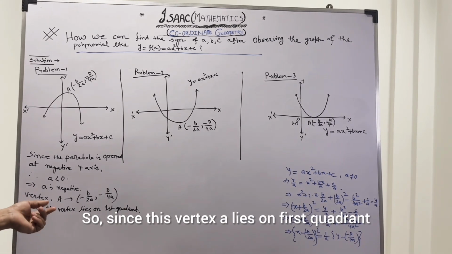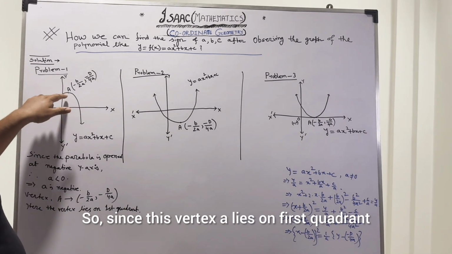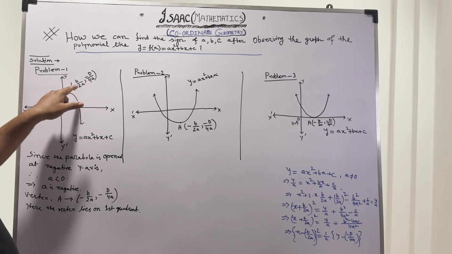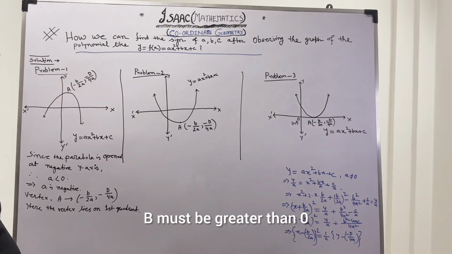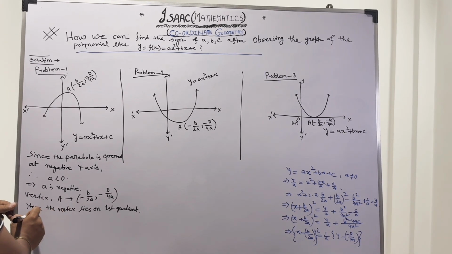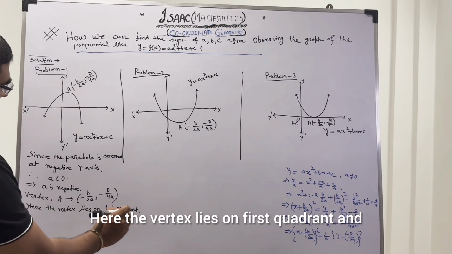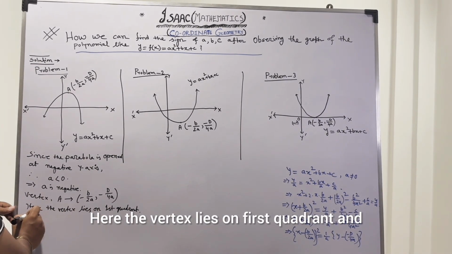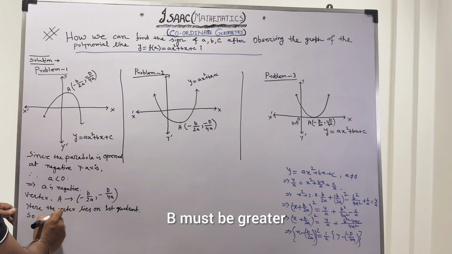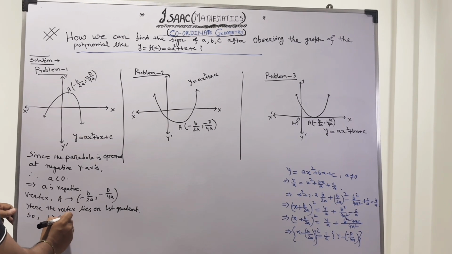So see, since this vertex A lies on the first quadrant and a is negative, so b must be greater than 0. Here the vertex lies on the first quadrant, and so b must be greater than 0.